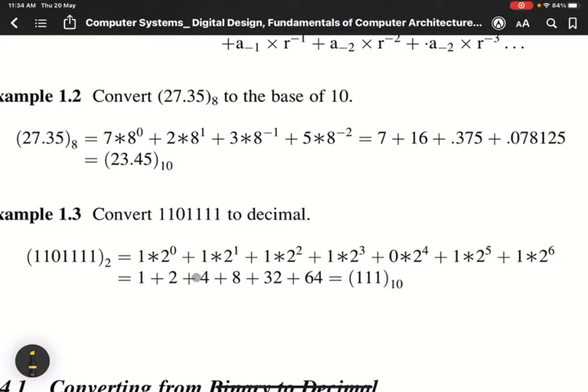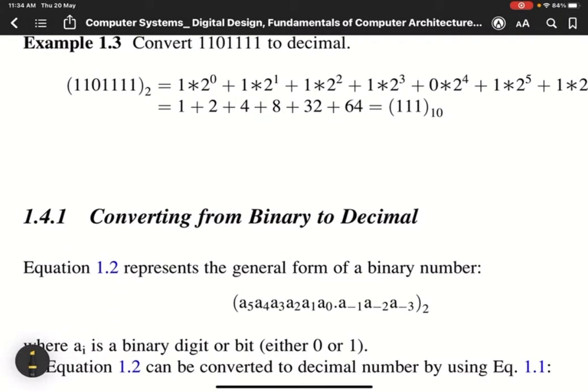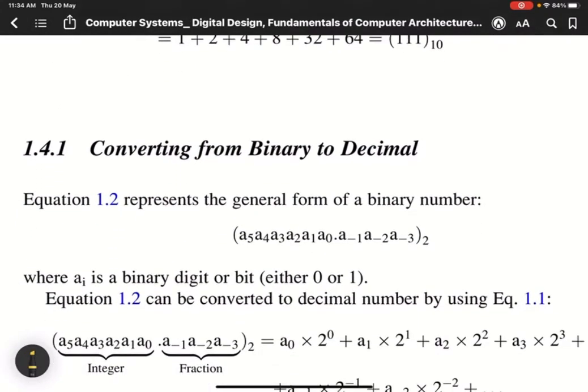Decimal conversion. Okay? Next, we have converting from binary to decimal. Okay? So we will go back to our format, no? So the same, but this will be for the base 2 or the binary number. So where A again represents any index number or any position.